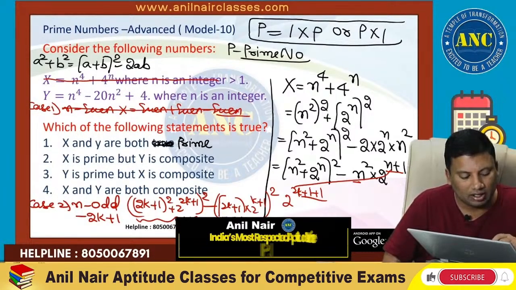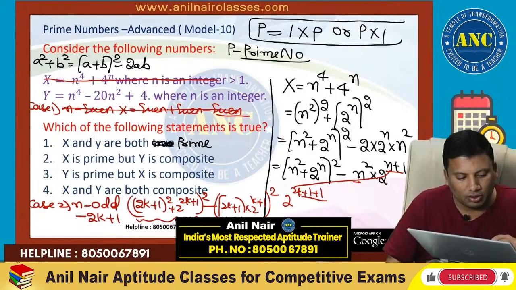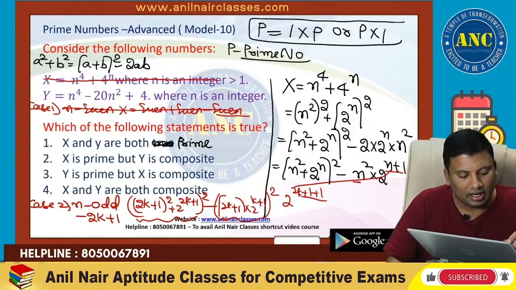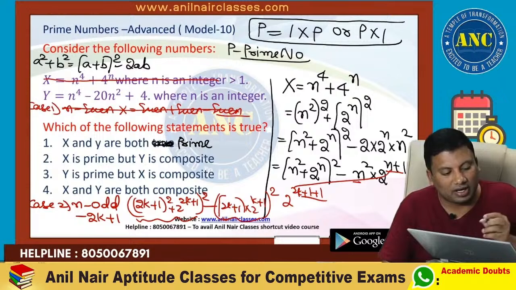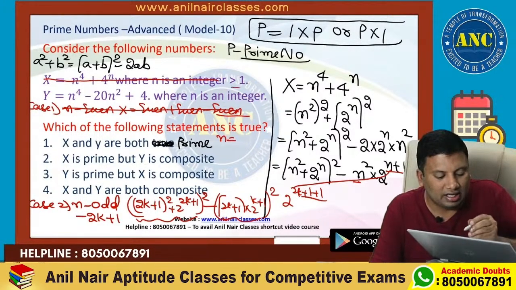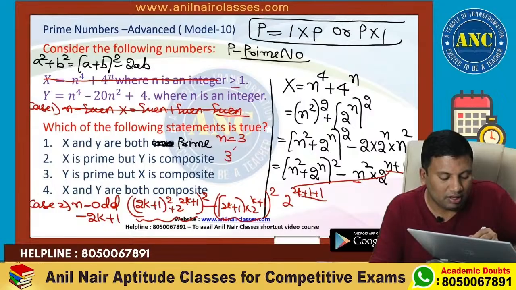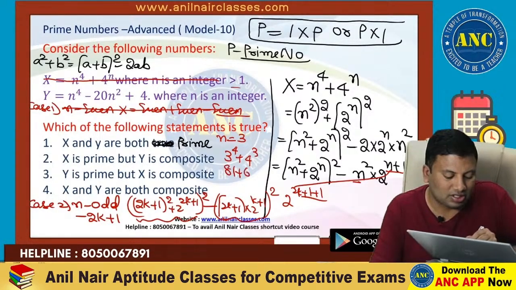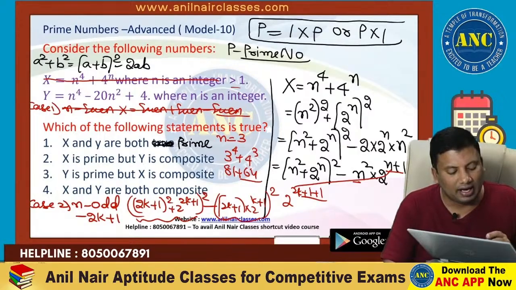Now, suppose for example, if I take n value odd, n is an integer greater than 1, say 3. 3 power 4 plus 4 power 3, 81 plus 64, 145. Like that.